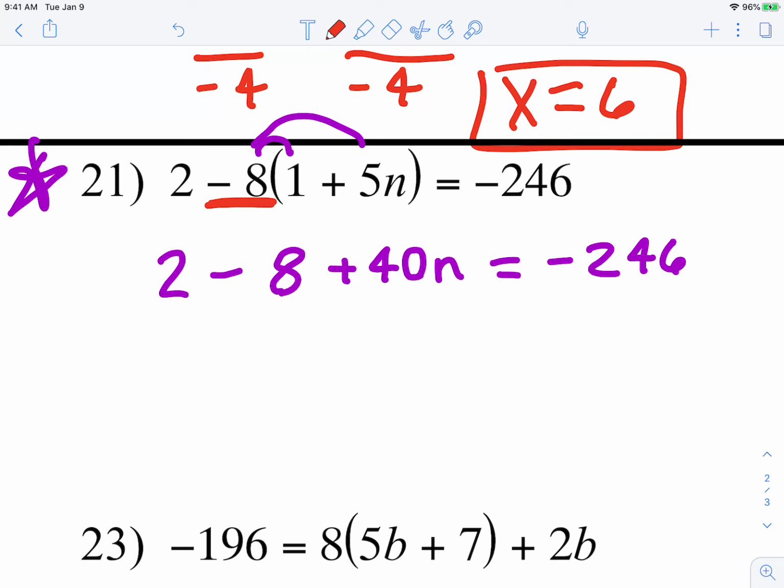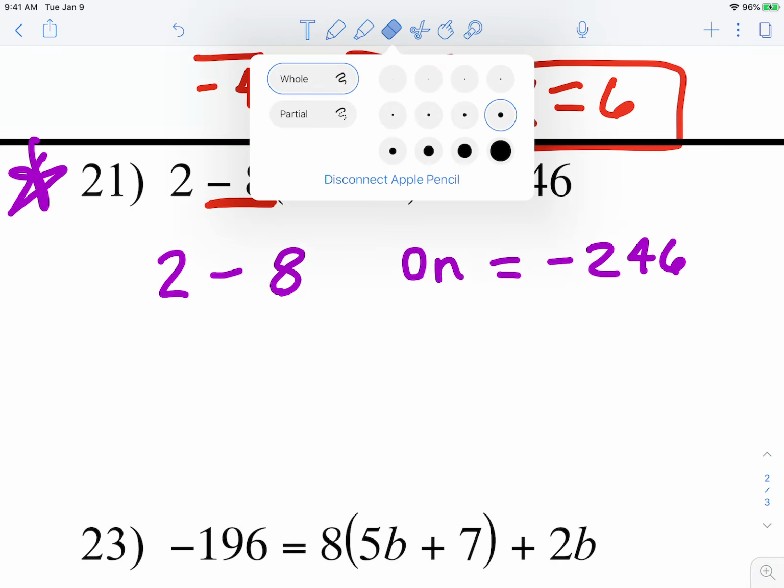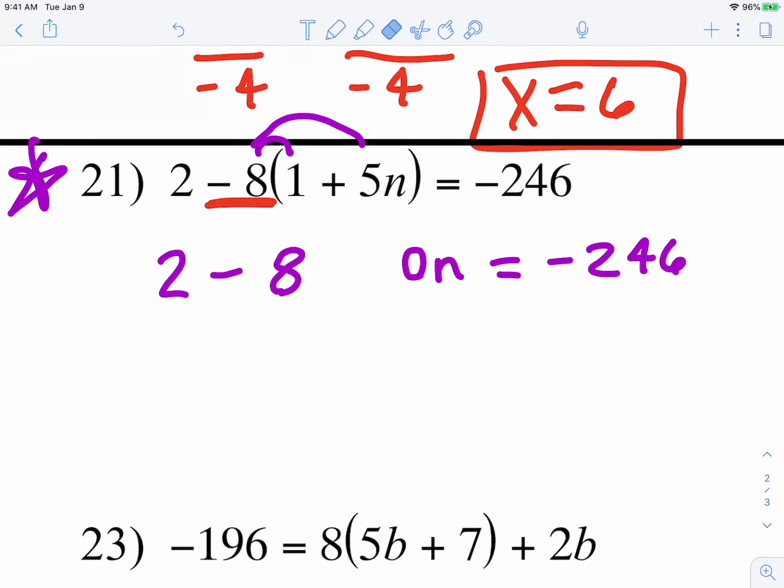So it's negative 8 times 1, and then it's negative 8 times 5n, which is going to mess that sign up right there. So make sure this sign right here is a negative 40n, and then you should be good.